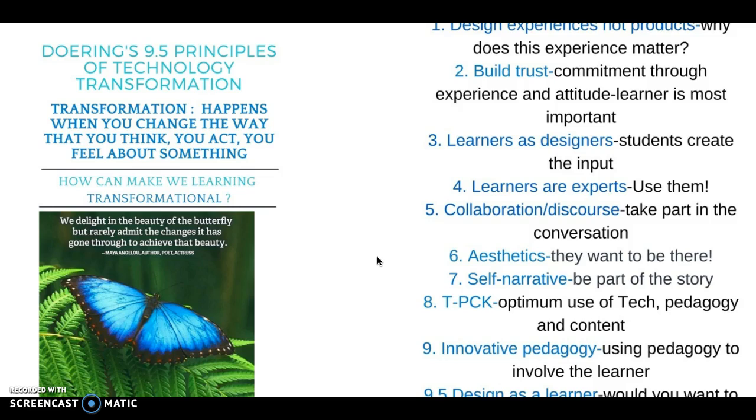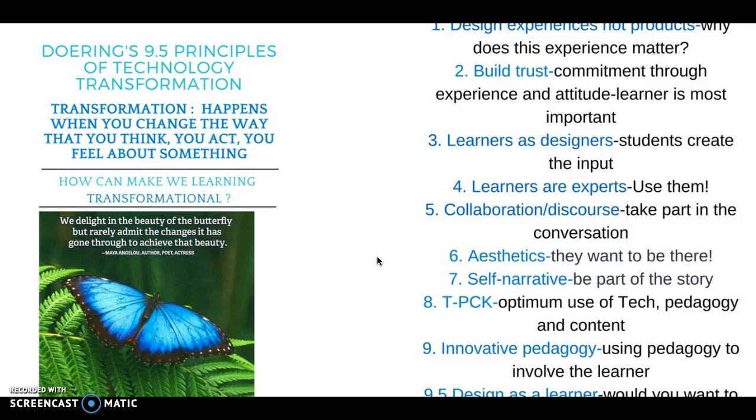Building trust that the learner is the most important, and there has to be a commitment, I think, from the teacher. And so that commitment sort of puts the learner at the center, and that's where he talks about, especially in online courses, that the first thing we see is design, and then we have the content, and then the instructor is finally the most important. He talks also about aesthetics, saying that we have to make them want to be there.